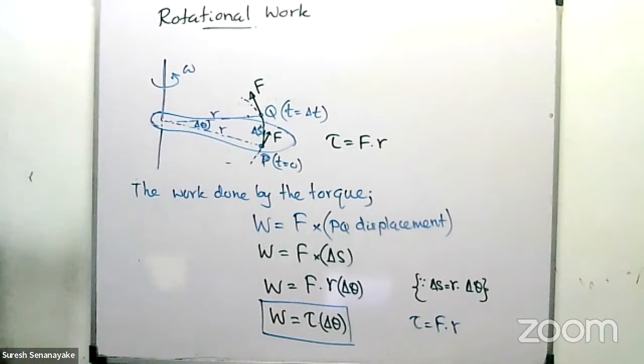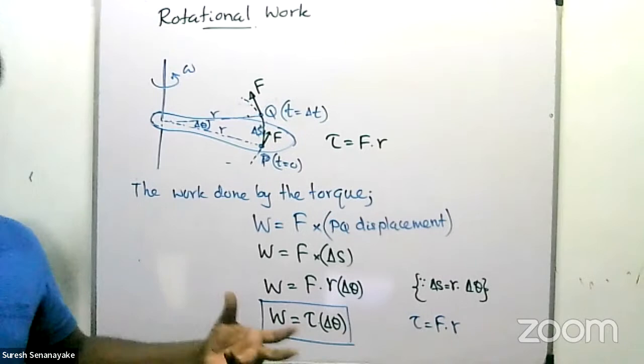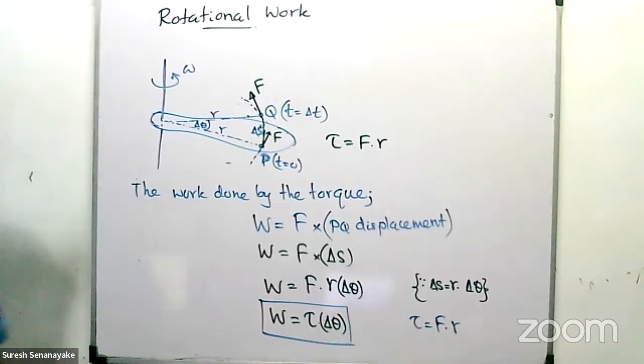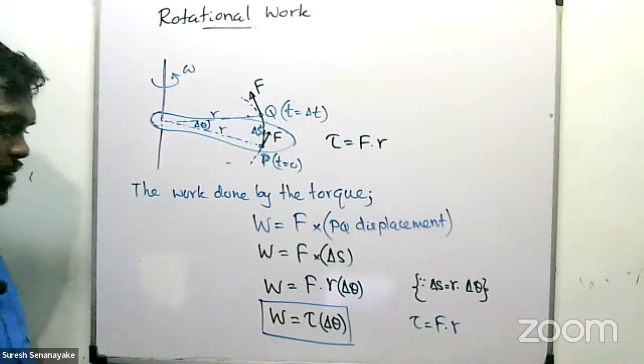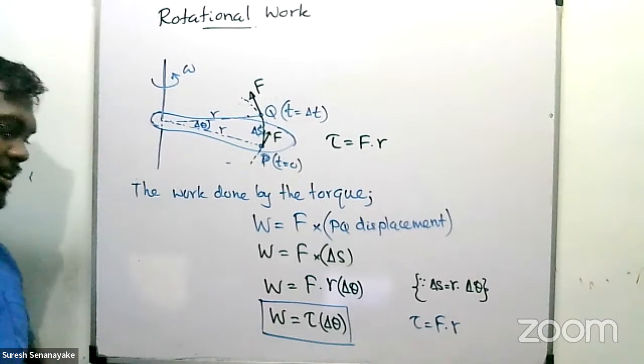In the same way, the power delivered by this torque is the rate of the work done. You need to divide this by the time. If the angle is theta, the work done is tau theta.